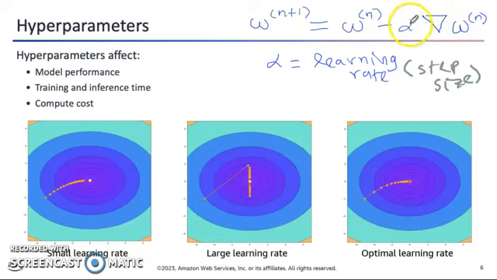And there is a coefficient, a scalar or constant in front of the gradient. That is the so-called learning rate. It's also called the step size.